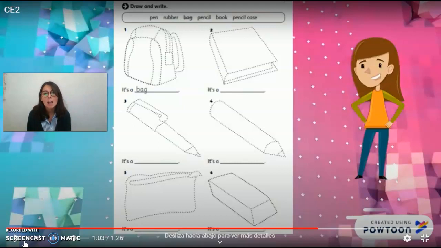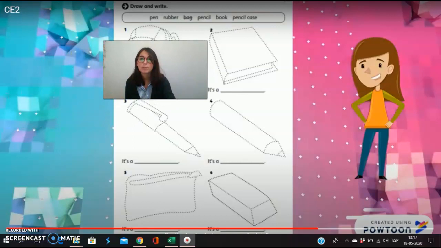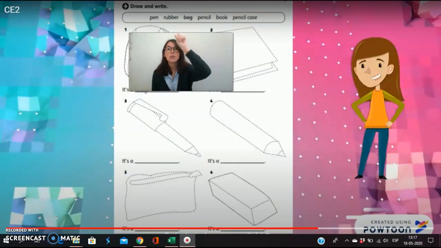Number 2, what is it? We have options here. Look. Is it a pen, a rubber, a bag is not possible, a pencil, a book, or a pencil case? Number 2. And how about number 3 over there? Is it a pen or a rubber or a bag or a pencil or a book or a pencil case? What is it, number 3?